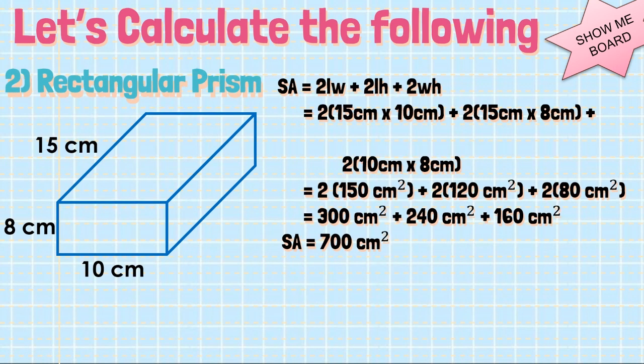Now, question number 2. We have the rectangular prism. We have the length equivalent to 15, the height equivalent to 8 centimeter, and the width equivalent to 10 centimeter.